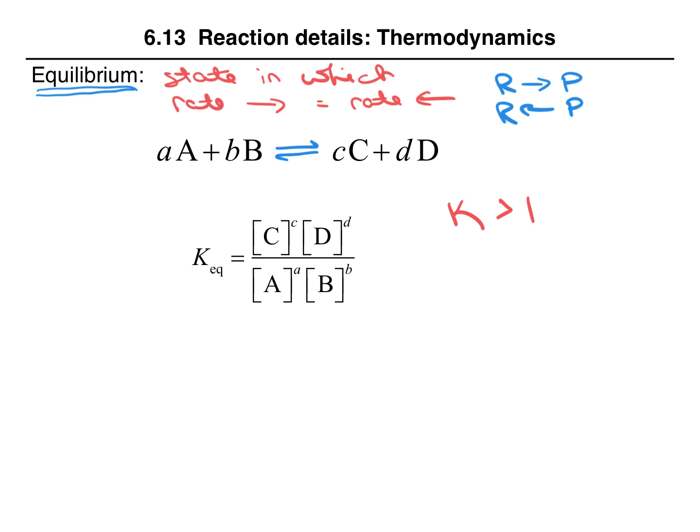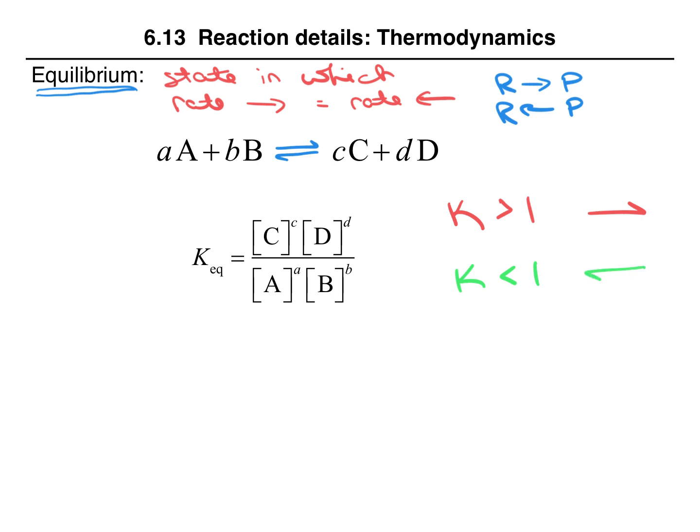In other words, this equilibrium lies to the right as it's written. On the other hand, if K is less than 1, the numerator is smaller and the denominator is larger, which means we have more reactants than we do products. Or we would say that the equilibrium lies to the left.